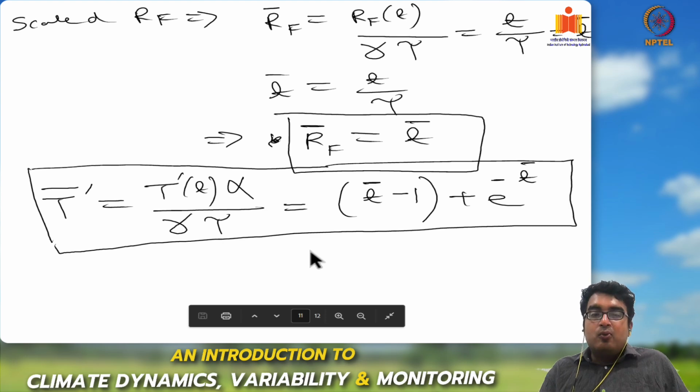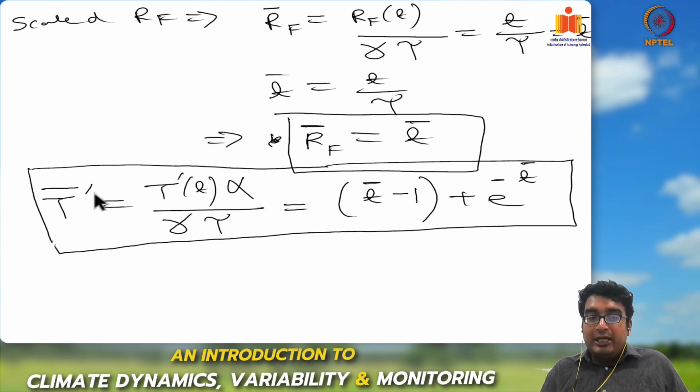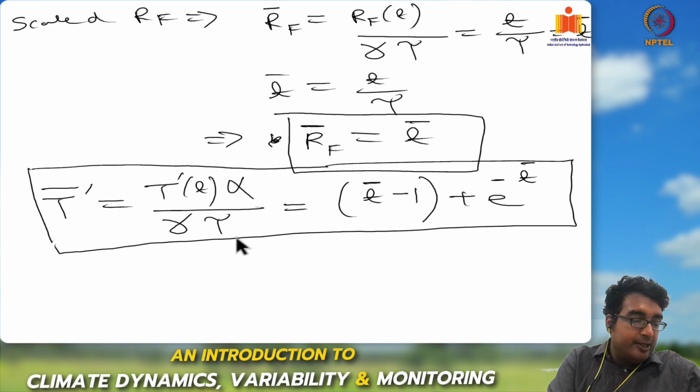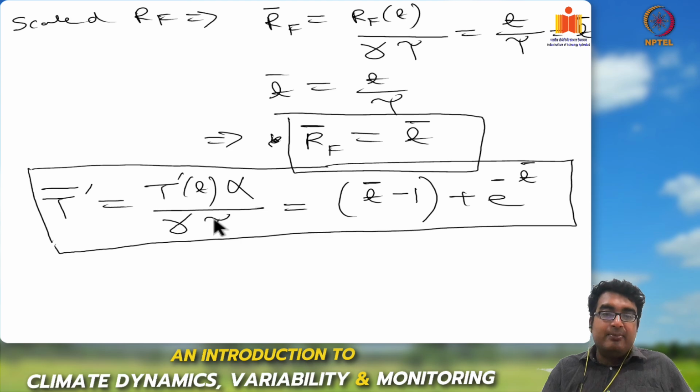So when we do that, we set the non-dimensional temperature perturbation as T prime, the dimensional temperature parameter, times alpha by gamma tau. Again remember tau is C by alpha.